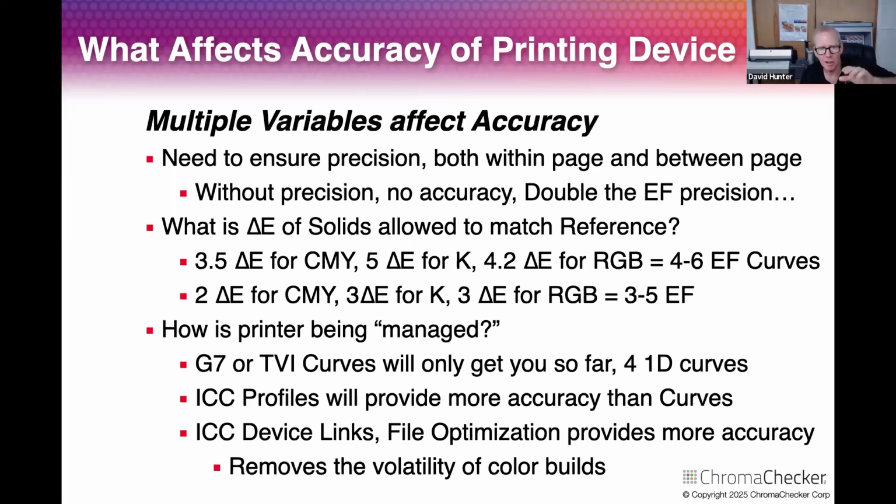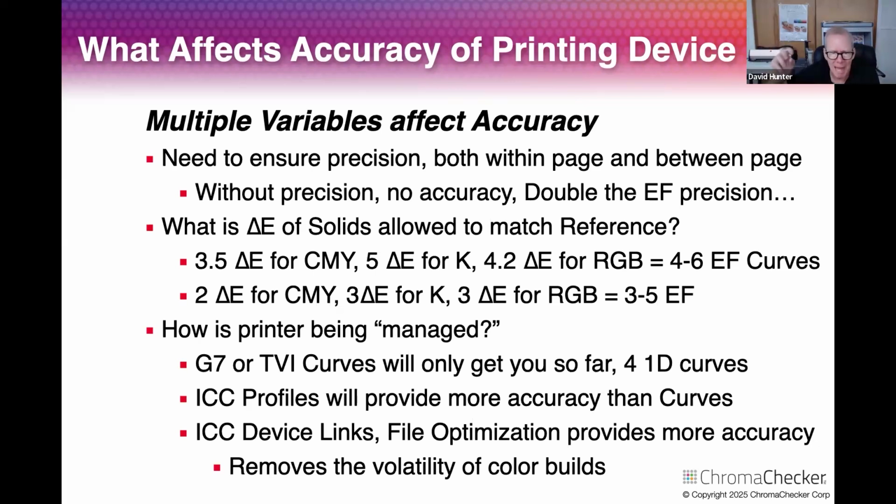The next thing you need to do is make sure that the solids match the reference. So in a color managed condition, I want my Indigo solids to be as close as I can to GRACoL, which means I have to contaminate the cyan, magenta, yellow, and black inks, because the native cyan, magenta, yellow, and black inks, no matter which printer, whether it's Canon, Konica, Epson, HP, don't match GRACoL or 12647-2.